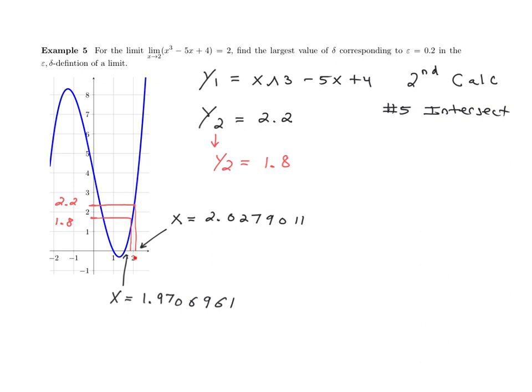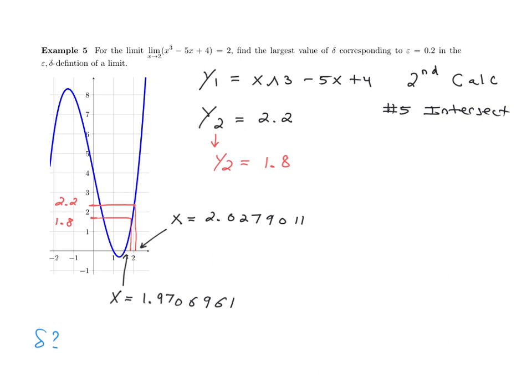Delta is either the distance from 2 to this spot or from 2 down to this spot. And I want to choose the smaller of those two distances. The reason is, if you choose the bigger distance, you might fall outside of an interval and get y values that are outside of this interval. So to figure out delta, what is delta equal to? I'm first going to do this minus this.